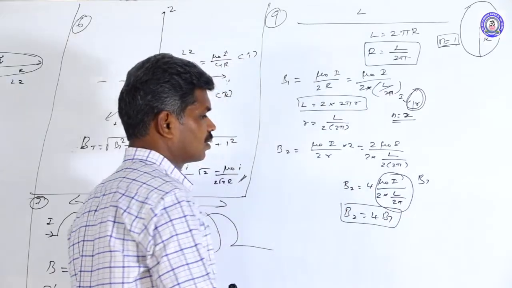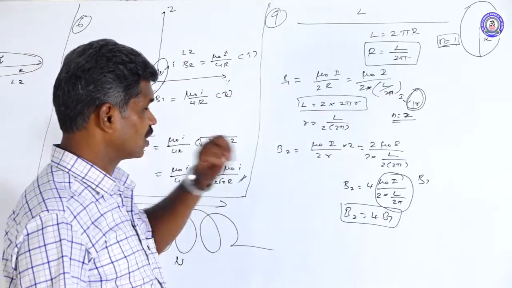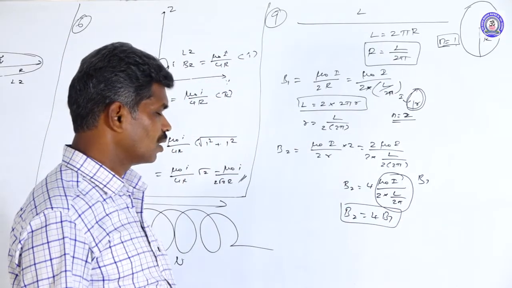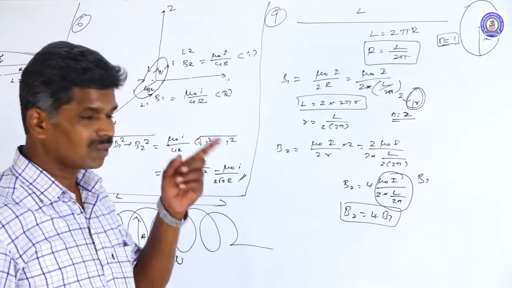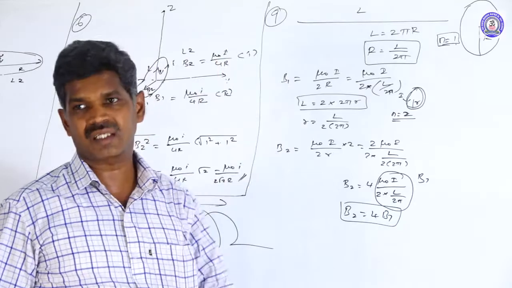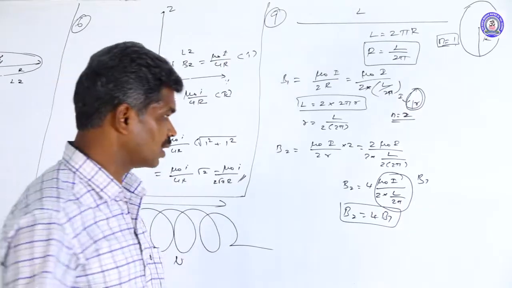Like that, from a single turn, if you make a double turn, it becomes 4 times. Suppose from the single turn you make n turns, what is the relation of the magnetic induction?